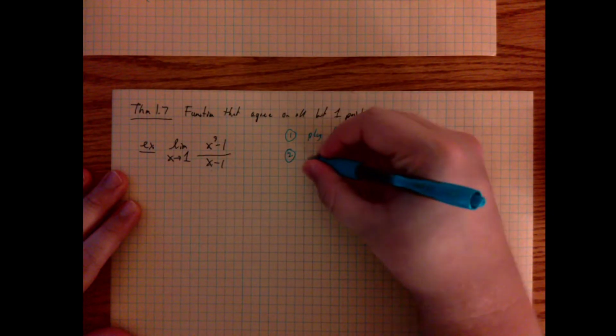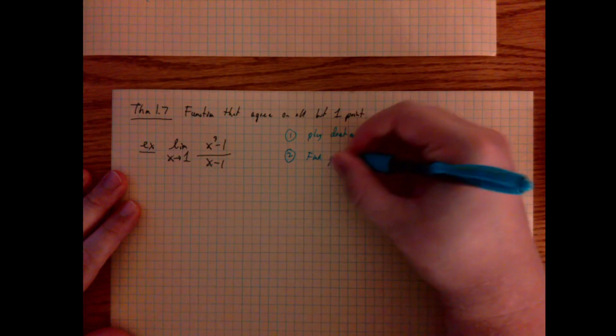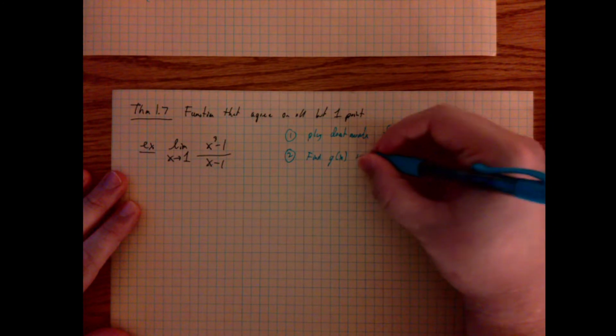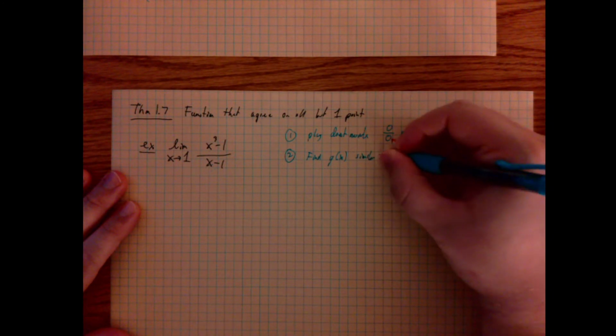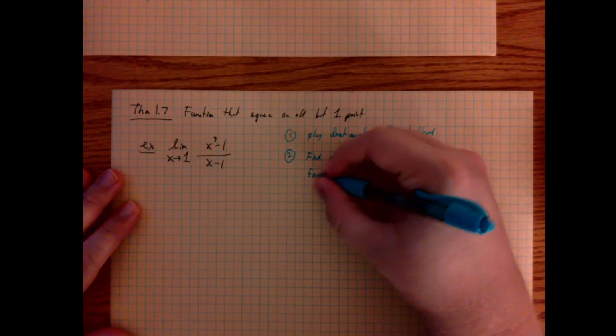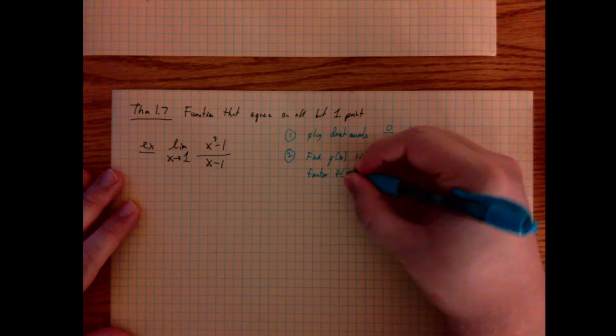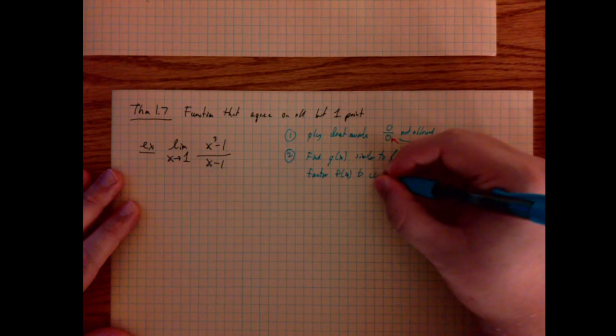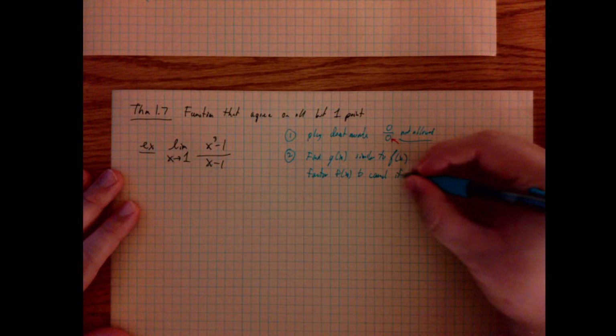Step 2. We're going to find g of x similar to f of x. How do we do that? We're going to factor f of x and cancel, if possible.